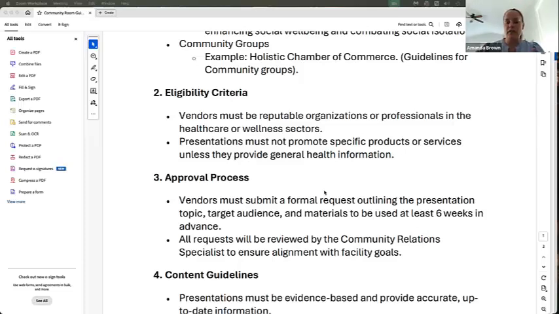As she sells Juice Plus, she can't promote the product Juice Plus, but she can promote gut health. So you cannot promote any specific product.